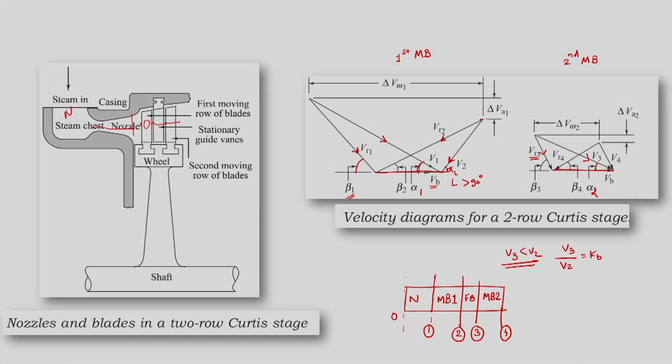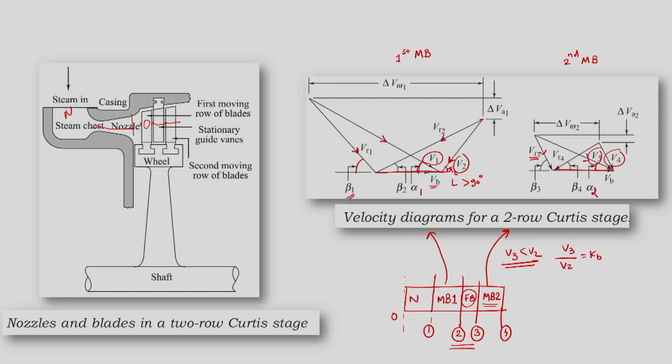And the velocity diagram for the first set of moving blades is here and for the second set of moving blades is here. So, for the first set of moving blades, entry velocity is V1, exit velocity is V2. For the second set of moving blades, entry velocity is V3 and exit velocity is V4, since the 2 to 3 change happens in the fixed set of blades.